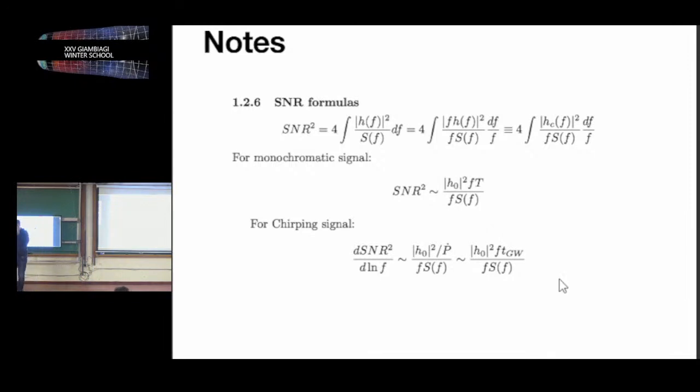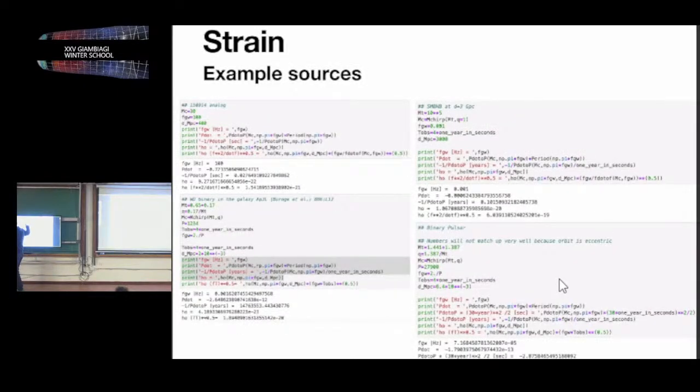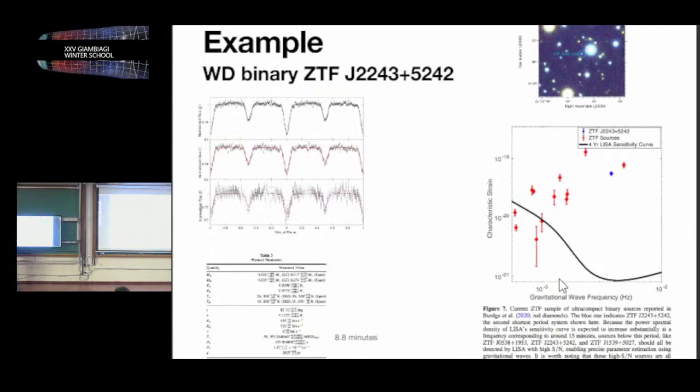Is this the general relativity prediction? These points are the general relativity predictions for the strain of the gravitational wave that LISA would observe given the binary parameters, the masses, the separation, and so on.